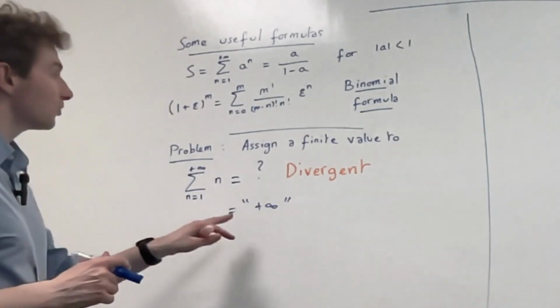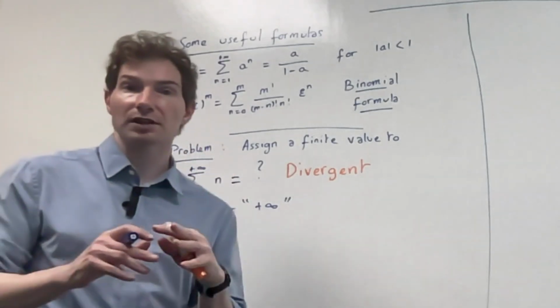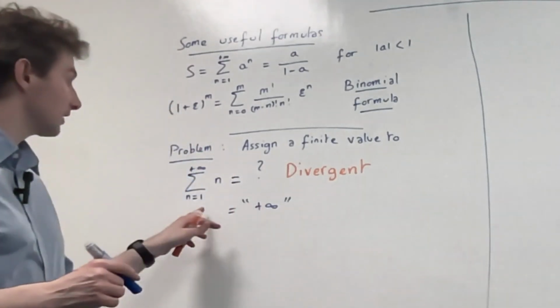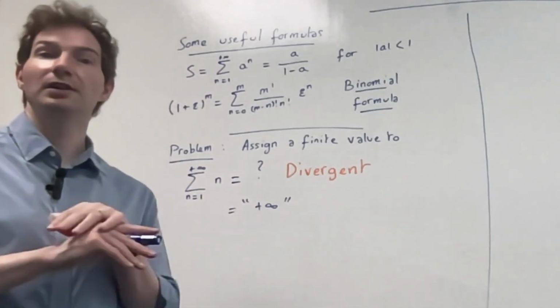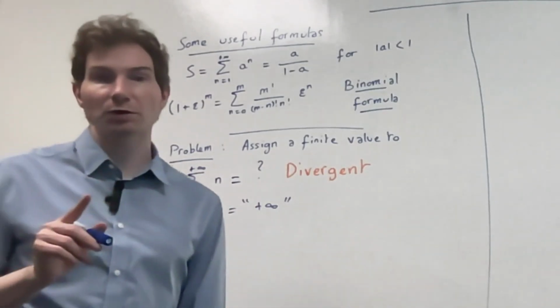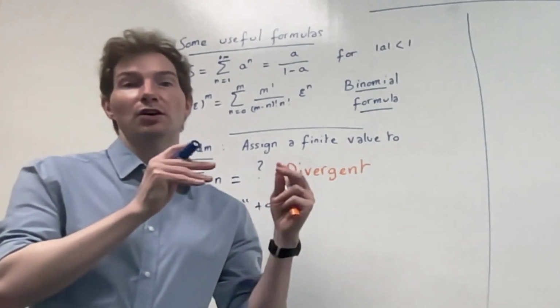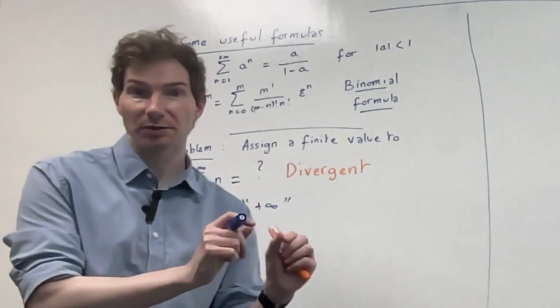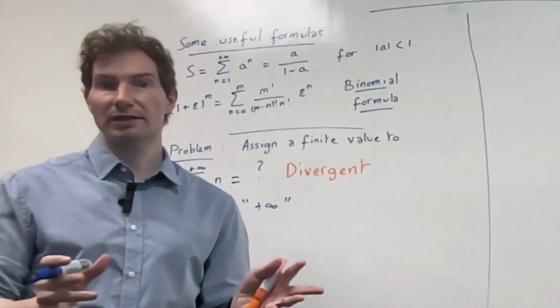So that's divergent, period. We can't say that this actual thing is equal to anything other than plus infinity. Now the question we want to ask is whether there is any way to assign a value to it nevertheless.